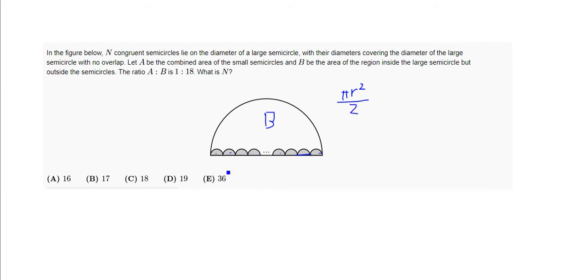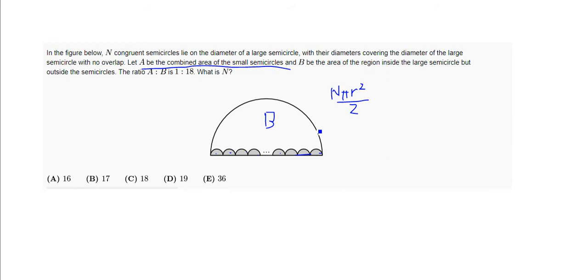To find the area of all of the semicircles, n is the amount of semicircles, so we multiply the area of one semicircle times n, and that gets us the area of all of these combined, in other words, the area A.